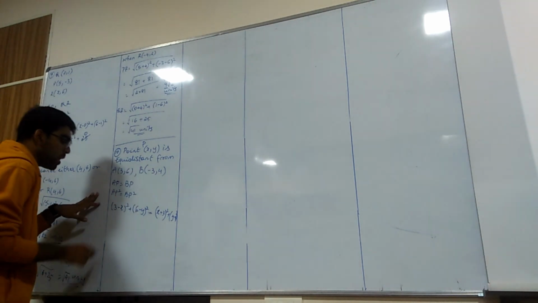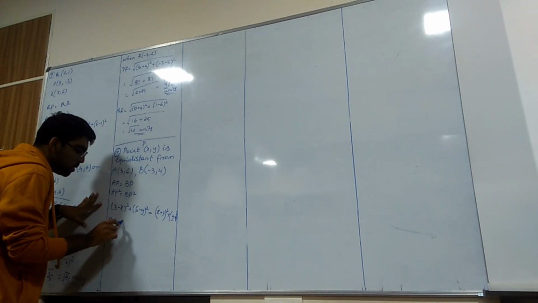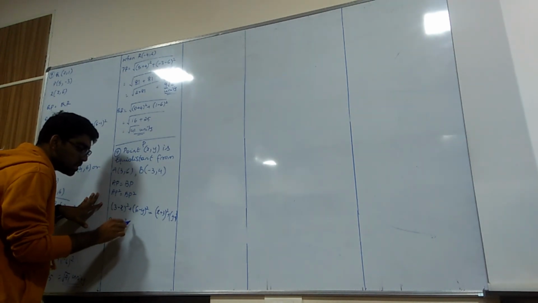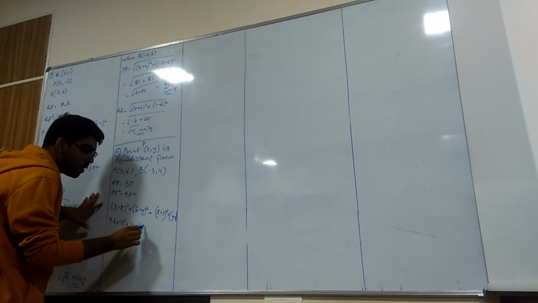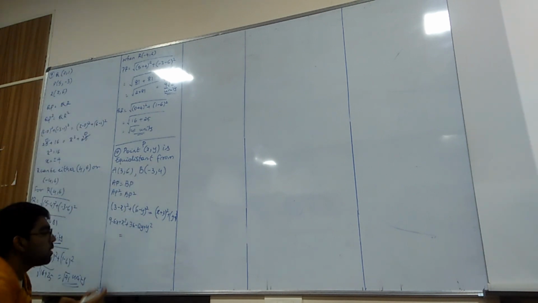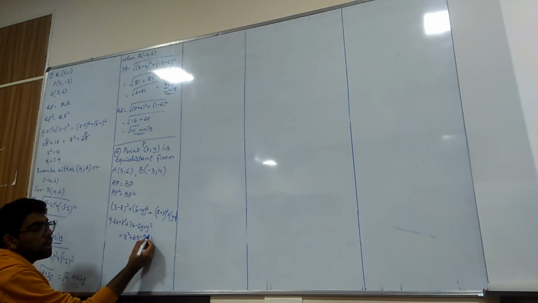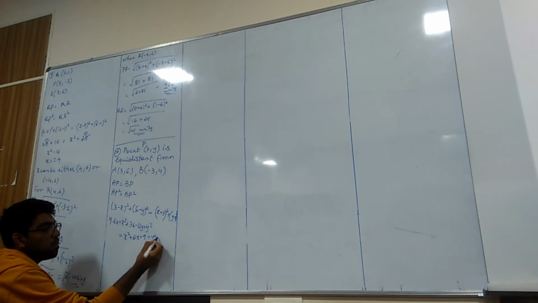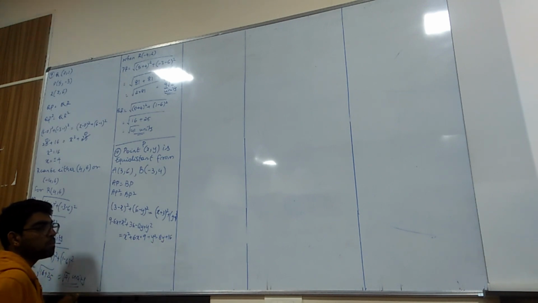(a minus b) the whole square, a square minus 2ab plus b square, plus a square minus 2ab plus b square, is equal to (a plus b) the whole square, a square plus 2ab plus b square, again (a minus b) the whole square, a square minus 2ab plus b square.